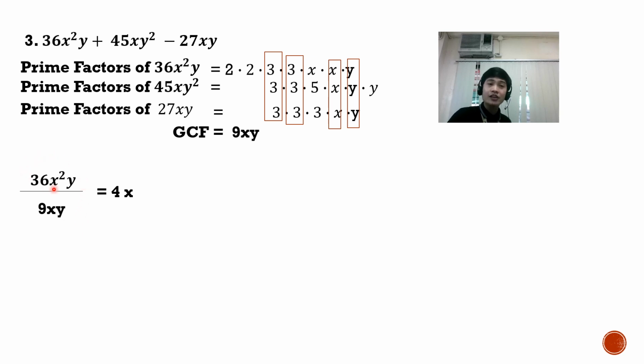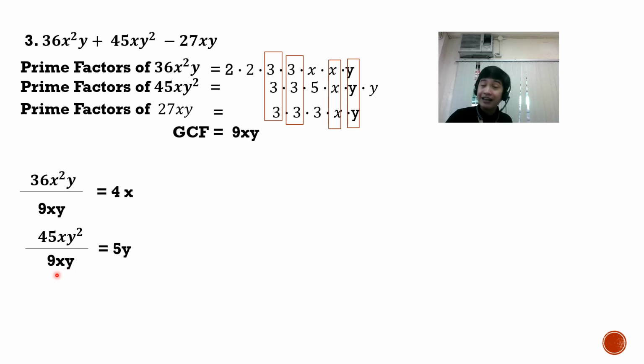So 36x squared y divided by 9xy, the quotient is 4x. The next expression na i-divide natin sa GCF ay si 45xy squared. I-divide natin kay 9xy. So it's basically 45 divided by 9, x divided by x, y squared divided by y. And the answer for that is 5y.